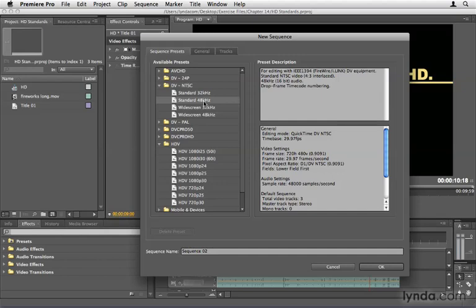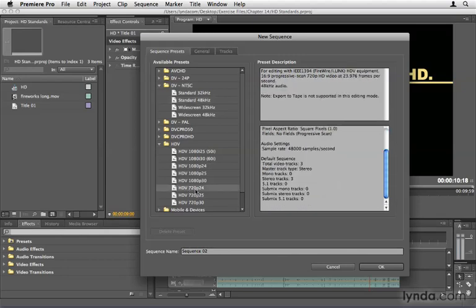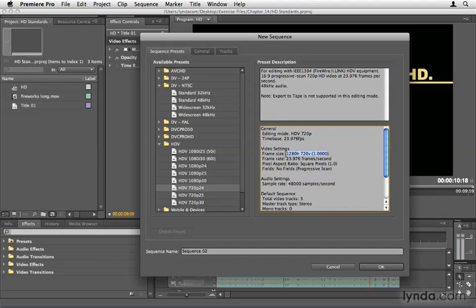So then we move up to 720p. So that's 720 vertical lines, and that resolution is 1280 by 720. And note that it has a square pixel aspect ratio. Now, while this is considered HD, true HD is actually 1920 by 1080. Now, HDV, as you can see here, is 1440 by 1080.